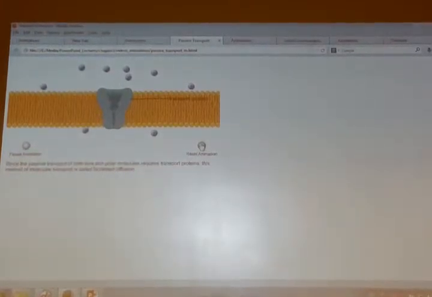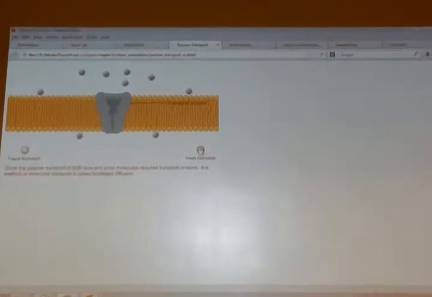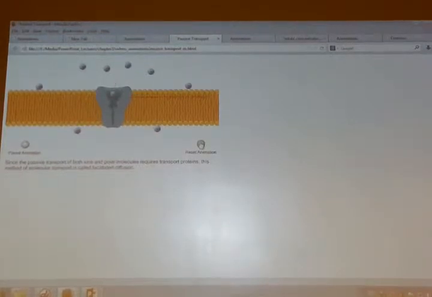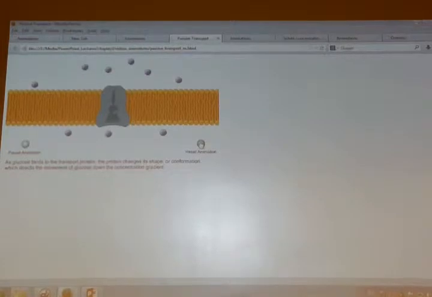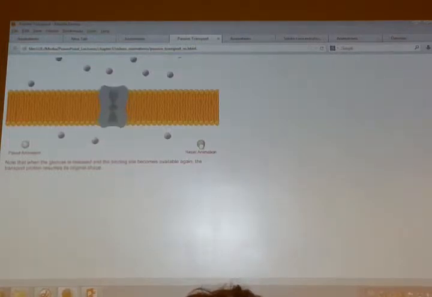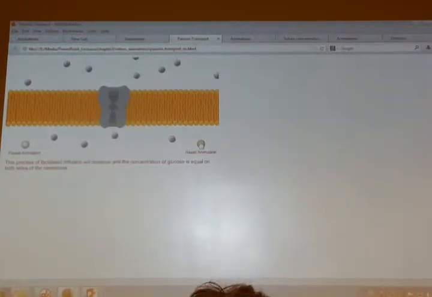Since the passive transport of both ions and polar molecules requires transport proteins, this method of molecular transport is called facilitated diffusion. As glucose binds to the transport protein, the protein changes its shape, or conformation, which directs the movement of glucose down the concentration gradient. Note that when the glucose is released and the binding site becomes available again, the transport protein resumes its original shape. This process of facilitated diffusion will continue until the concentration of glucose is equal on both sides of the membrane.